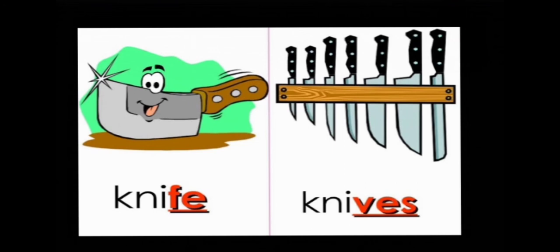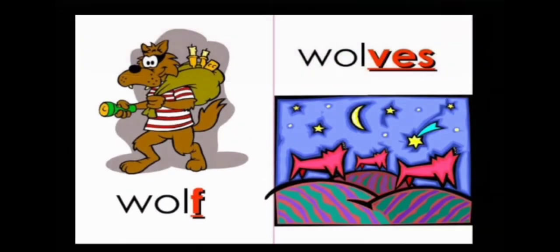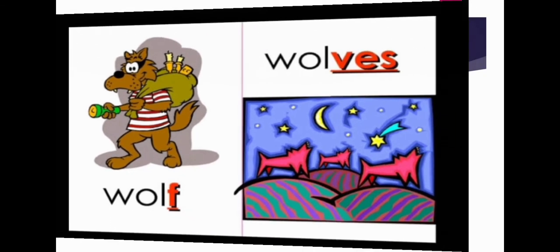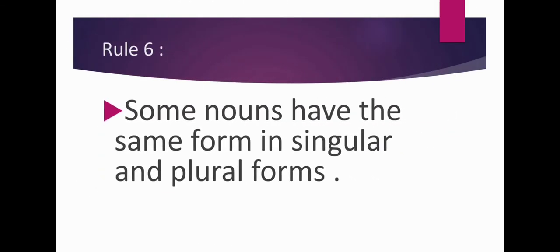The f-ending noun knife changes to knives in the plural form. Similarly, the f-ending noun wolf changes to wolves in the plural form. Children, now rule number 6. Some nouns have the same form in singular and plural, which means that the singular and plural form is the same.